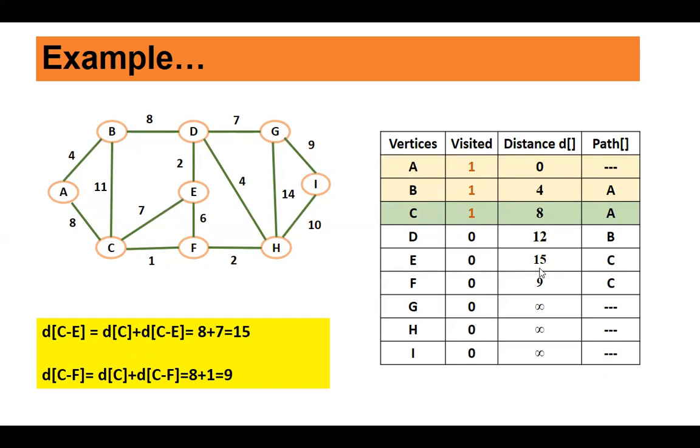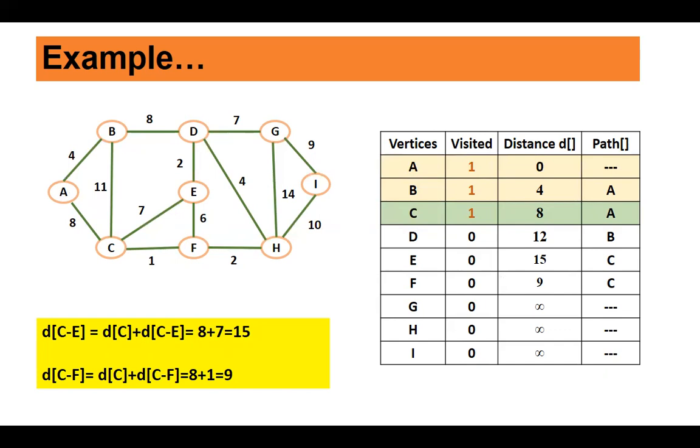So let us calculate from C how much it is. Distance of C is 8 plus distance from C to E, that is 7. So 8 plus 7, that is 15. Already the distance of E is 15, so we are not making any change. The source also we are not changing. We have kept it C as it is.